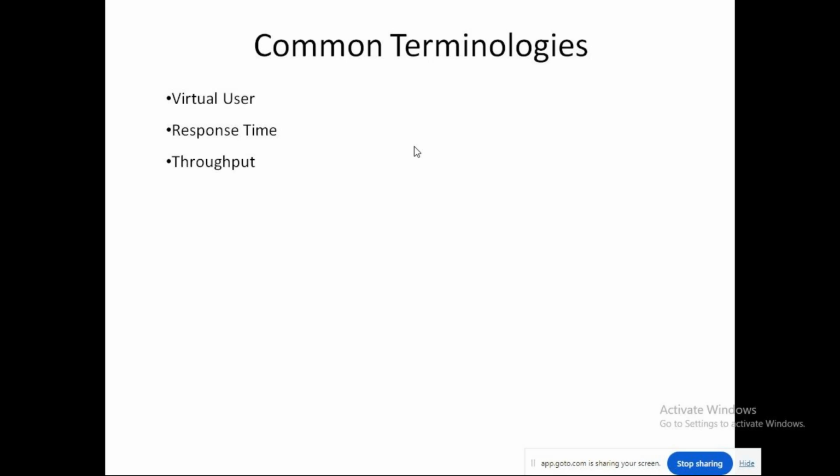Now these requests come from concurrent users. That will not be one user or two users, there will be so many concurrent users. So the requests would be going to the server from all those concurrent users, and the server has to process those incoming requests, right?